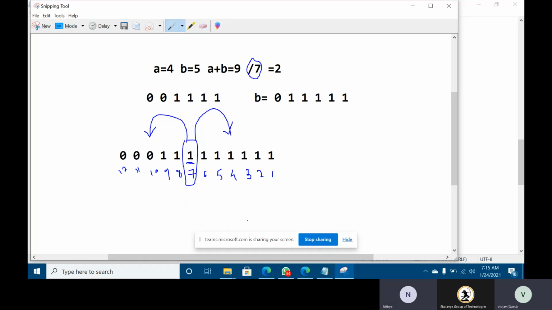Since the 7th index value is 1, we go for the left side. What is the value here? 0, 0, 0, 1, 1. How many ones are there? 2. So we got the output 2. Understand? Yes, sir. Like that we are working. On this we have to do the code, that is our extension part.